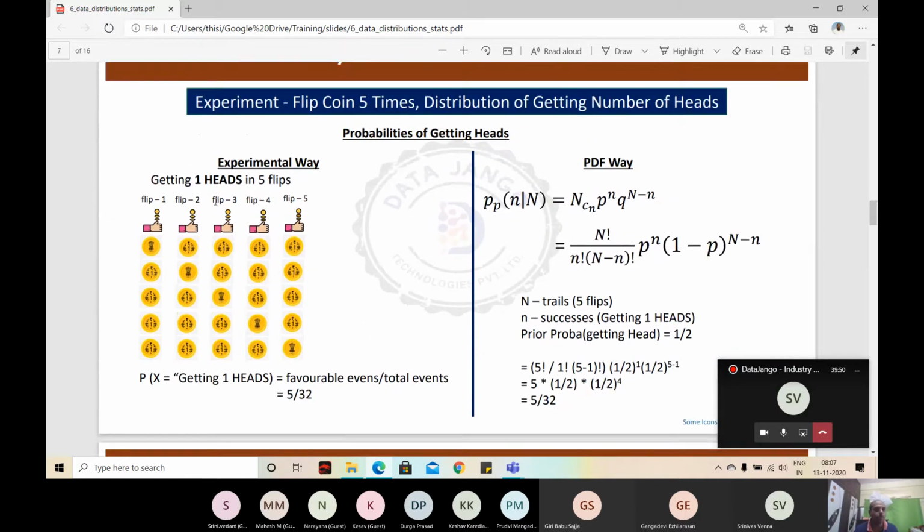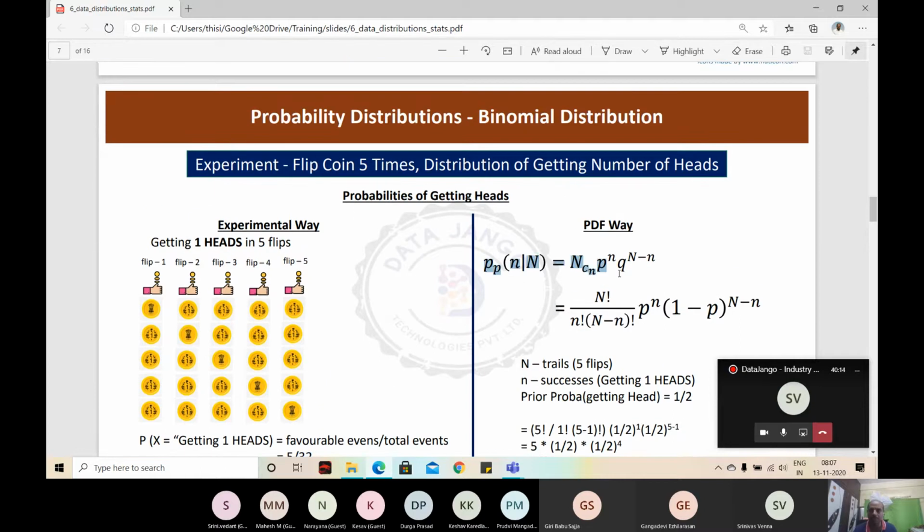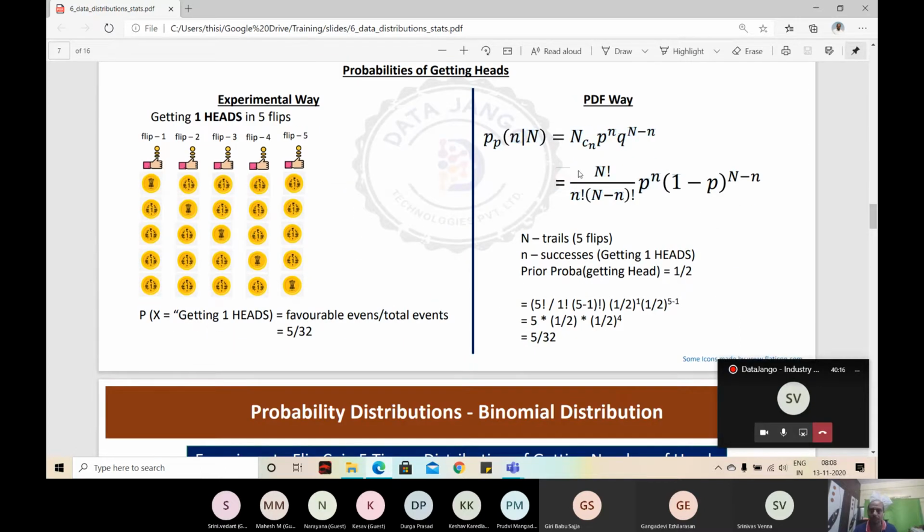If I want to see one head, the first throw may be head, or the second throw, or the third, fourth, fifth. So I'm charting down all those combinations and calculating the favorable events, and the denominator is going to be the same. That gives 5 by 32. Instead of charting down, if you can use a formula to calculate the probability, this formula is called the probability density function.